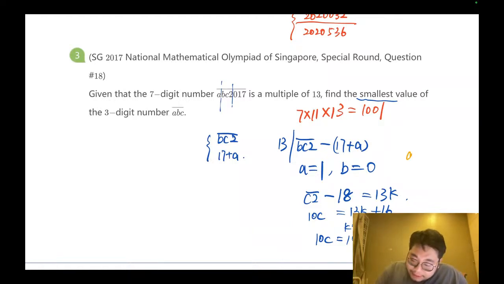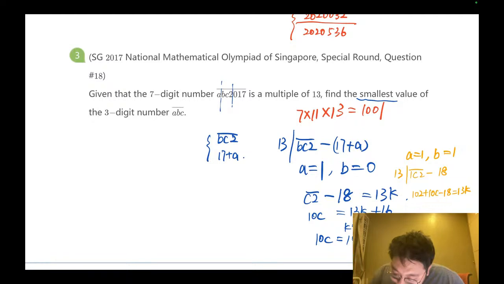Then you talk about A equals 1, B equals 1. So it will become 1C2 minus 18 is the multiple of 13. So you can see it's 102 plus 10C minus 18 equals 13K. Okay, so you can find out 10C equals 13K minus 84.